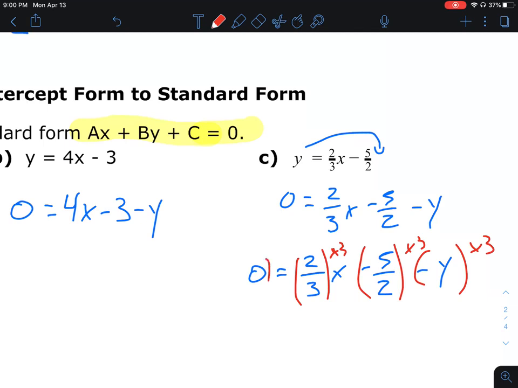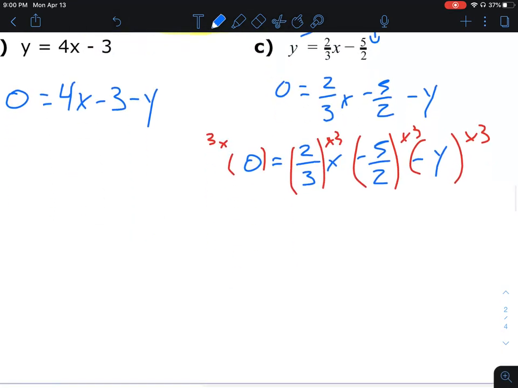Technically I'm multiplying this times 3 as well, or 0 times 3, but we know that's going to be 0. So what happens when I do that? I have 0 equals, well, these 3 cancel. 2x, 3 times negative 5, negative 15 over 2. Negative 1y times 3, negative 3y.